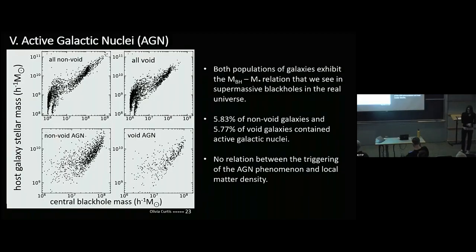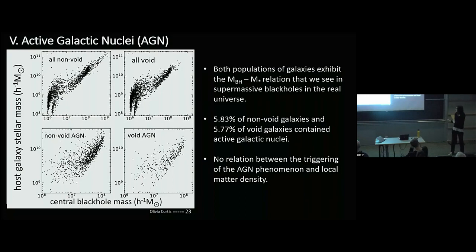So the last thing I want to talk about today are the supermassive black holes at the center of these galaxies. So here in the top panels, I'm plotting the black hole stellar mass relation for supermassive black holes in my non-void galaxies and my void galaxies, where this relation is an empirical power law that relates the central mass of a supermassive black hole to the total stellar mass of the galaxy.